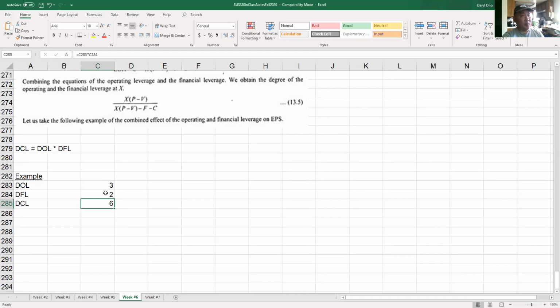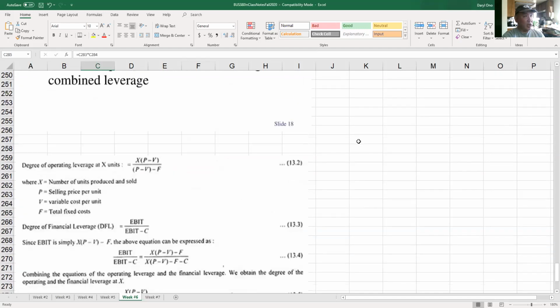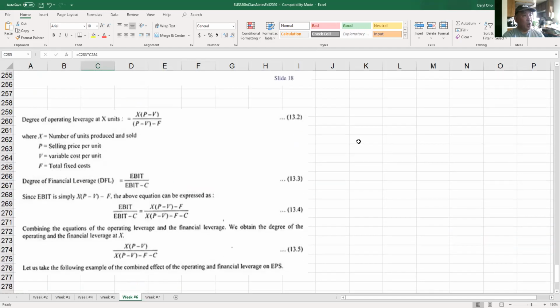And now when times are bad, it's hard to pay for these. And that's why introducing fixed costs and borrowing money introduces risk into the business. The risk comes from not being able to pay for your borrowing costs and your fixed operating costs.